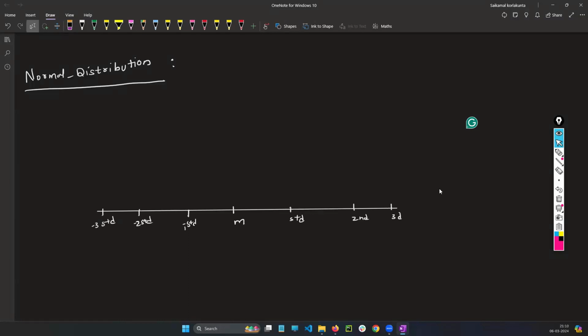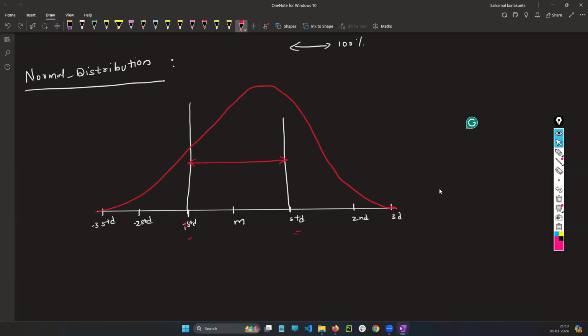In a normal distribution, the entire column's data is treated as 100%. If your column follows the bell curve, then in the first standard deviation, from the negative side to the positive side, 65.45% of the data will be lying in this area.